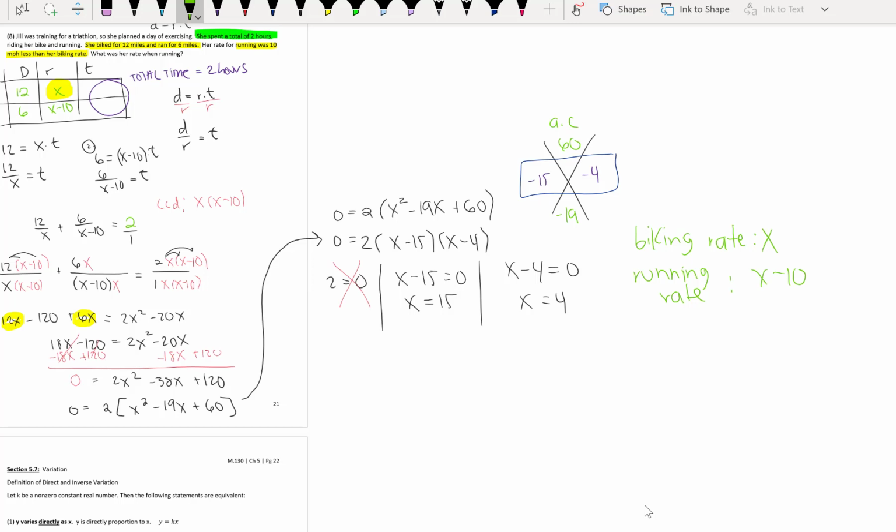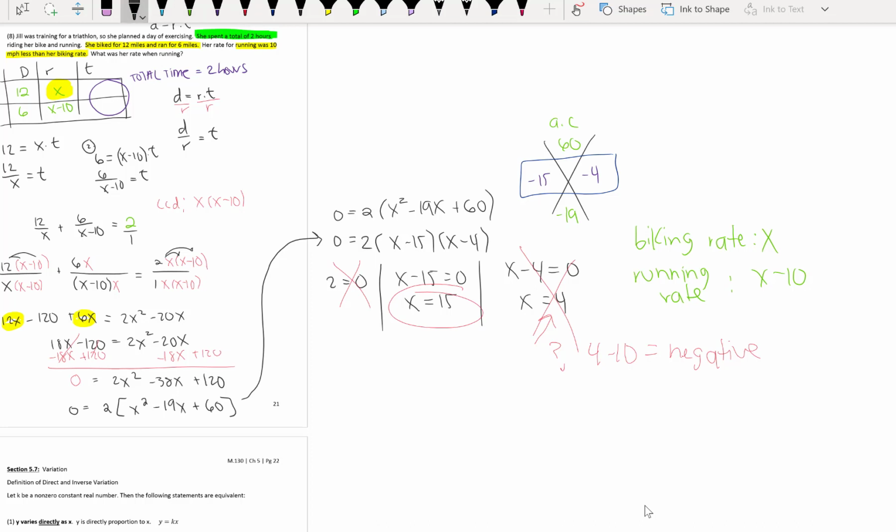Could that be possible if I plug in a 4? Well, 4 minus 10 is a negative number. She can't be going a negative speed, so it can't be 4. It could only be 15 for x.